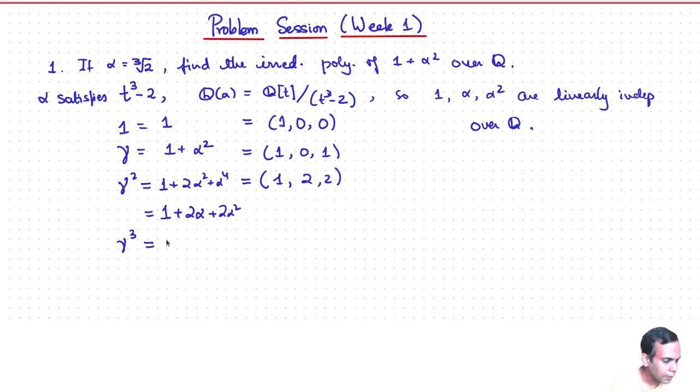But if you take gamma cubed now, then we get that gamma cubed is 1 plus 3 alpha squared plus 3 alpha to the power 4 plus alpha to the power 6. Alpha cubed is 2, so 3 alpha to the power 4 is 3 into 2, 6 alpha, and alpha to the power 6 is 4.